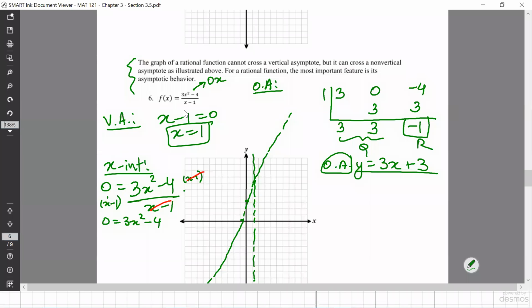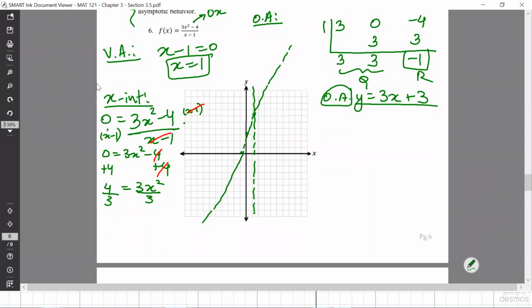So anybody have idea what this guy will come out to be for our x-intercept? Square root. Yeah, very good. And then we will need a decimal approximation in that case because it's not going to be a clean answer. Because you have an x squared, you will need to use square root, and square root will give you positive and negative. So what does that come out to be?